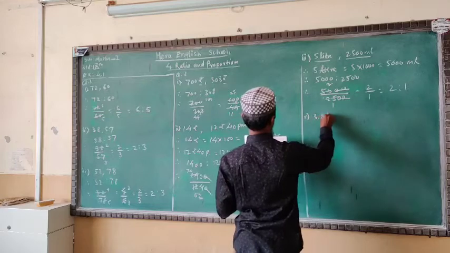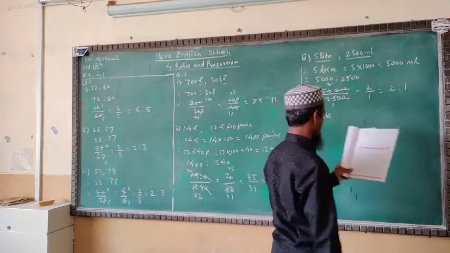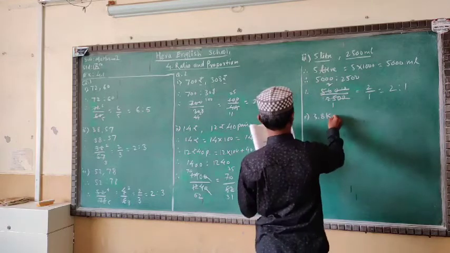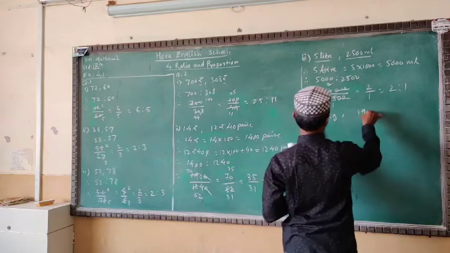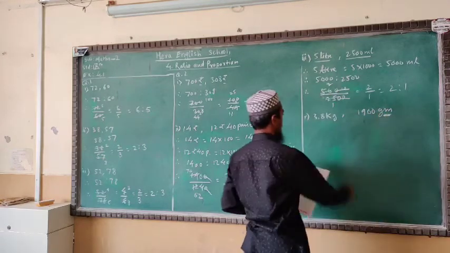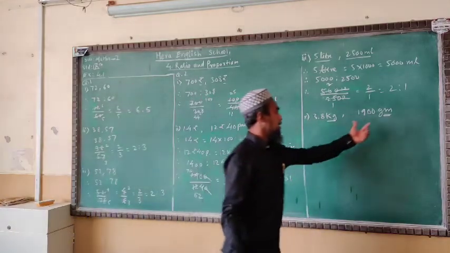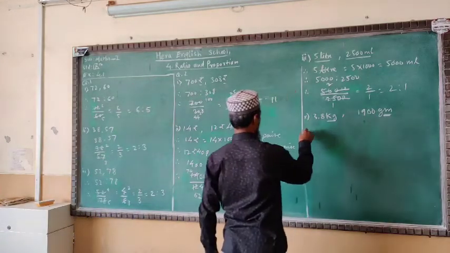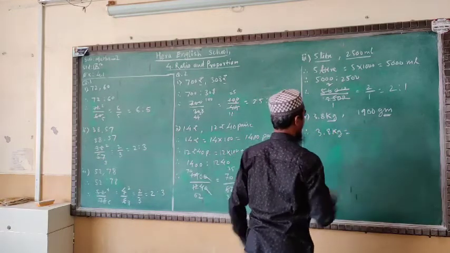3.8 kg is the last question of this set, okay, and the other two questions you will try. 3.8 kg, next one, 1900 gram. See, gram is the lowest unit and kg is higher than gram, so we'll convert 3.8 kg into gram.